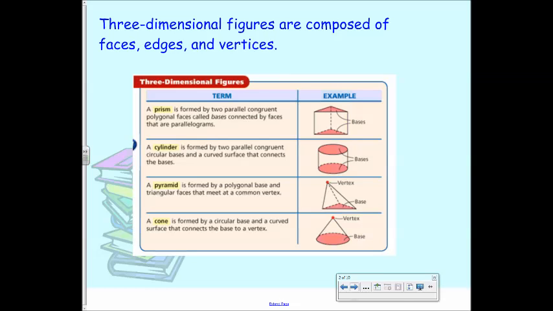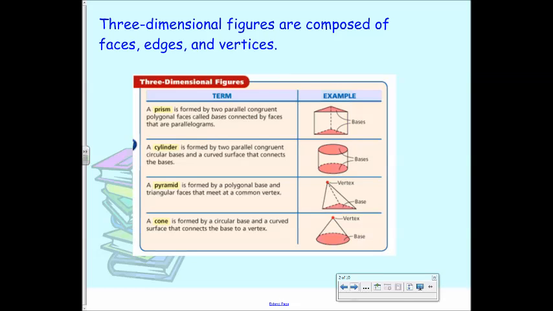This is called a cylinder, which is formed by 2 parallel congruent circular bases and then a curved surface that connects them. So how many faces does a cylinder have? 2. Just 2, all right? What about a triangular prism? How many faces does that have? 5. What are they? The top, the bottom, and then there's 3 sides that would form a triangle, right?